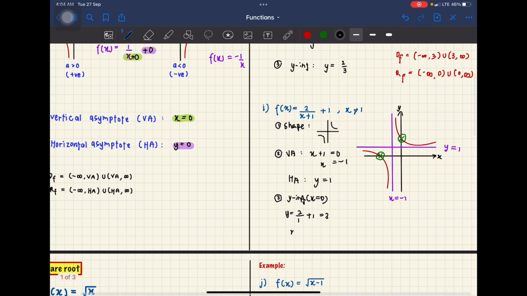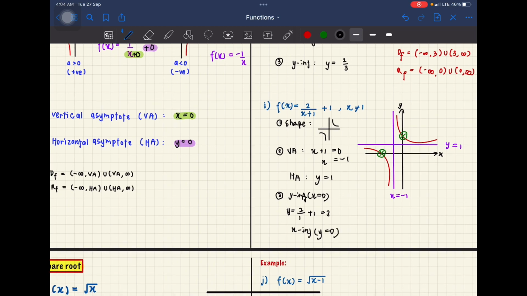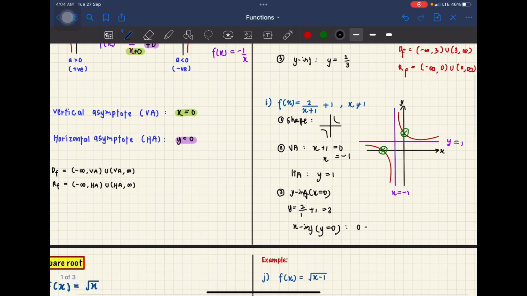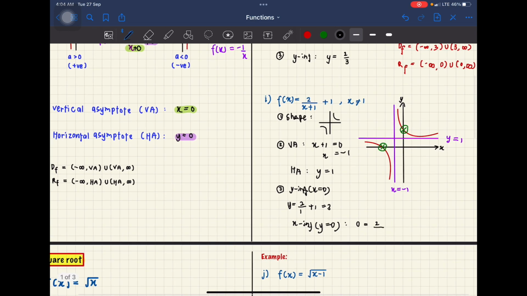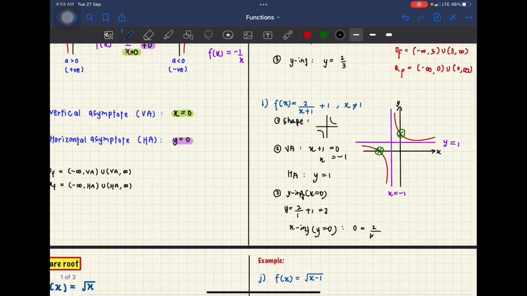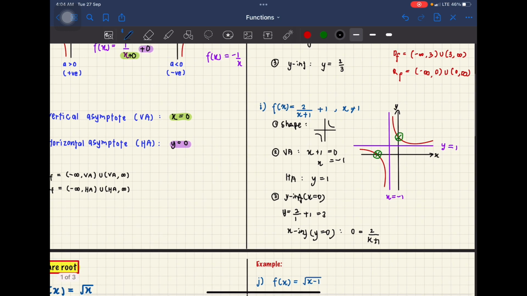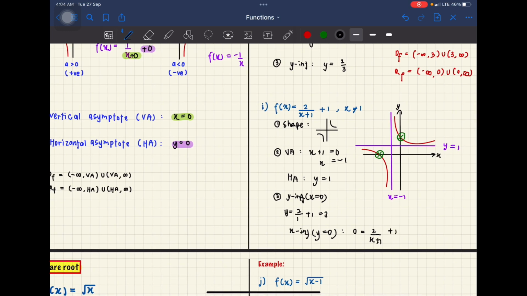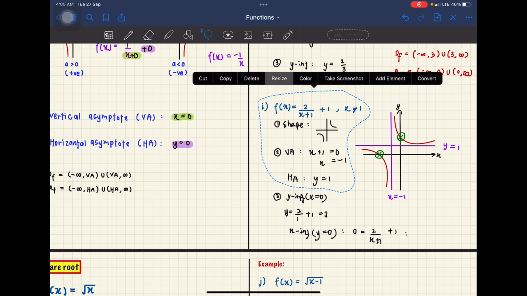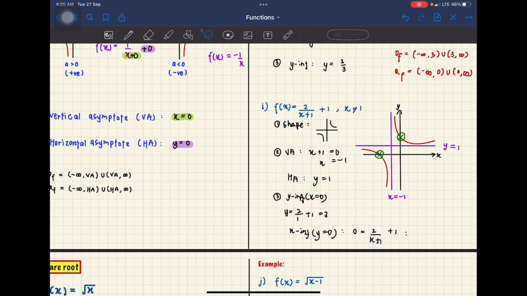And then for x-intercept, it is when y is equals to 0. Okay, so bila y equal to 0, awak ada kosong sama dengan 2 over x plus 1 and then plus 1.